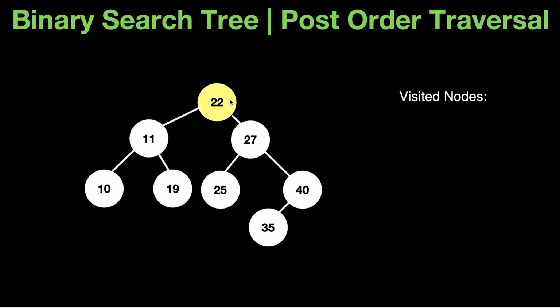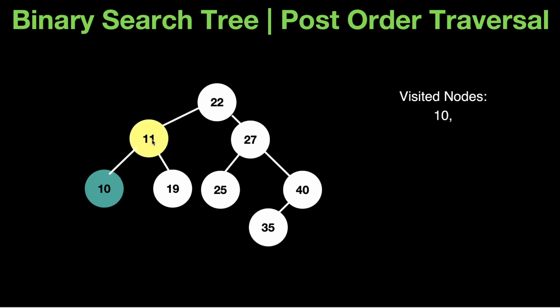So yeah, we start from the root, but we do not visit 22 because to visit the node itself we have to visit all the left subtree nodes and all the right subtree nodes, and then only we come back to the parent. So first of all go to the left subtree. We still don't visit 11, we again go to the left subtree. Now we don't have any other child of 10, so we can visit it, and then we return back.